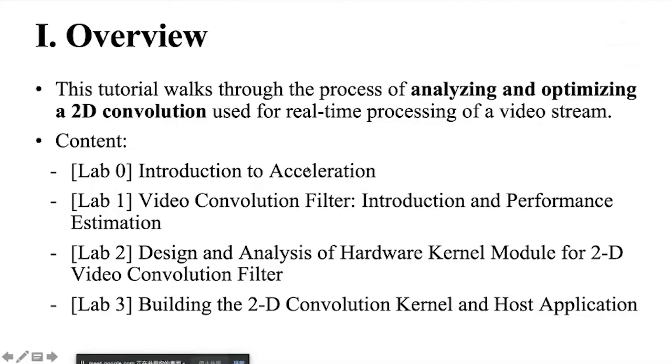First, I'm going to introduce acceleration and the video convolution filter, and then I will estimate the hardware performance. Then I use Vitis HLS to design and analyze the hardware kernel module. The last lab focuses on building a hardware kernel using the Vitis application development flow.